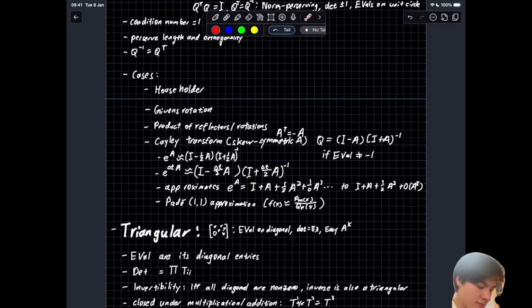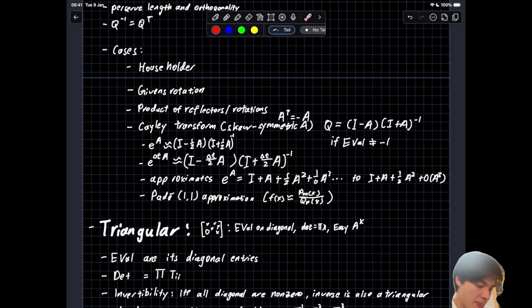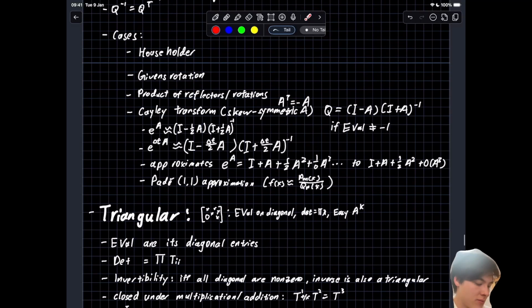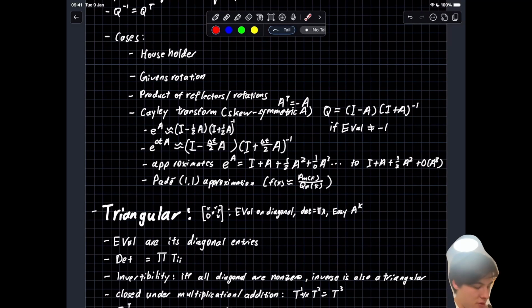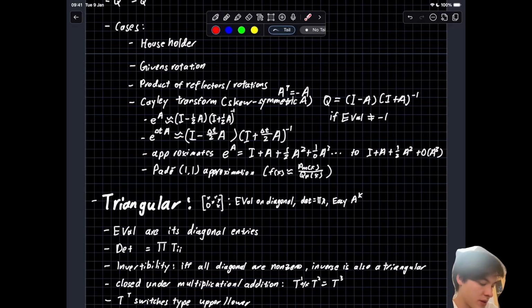That only works if it's not minus 1. And then we can approximate e to the power of A as identity minus half A, times identity plus half A inverse. So it comes from here. Approximation of the exponent.